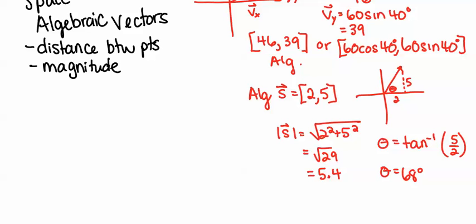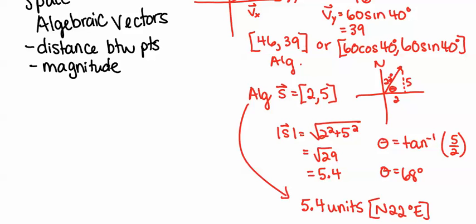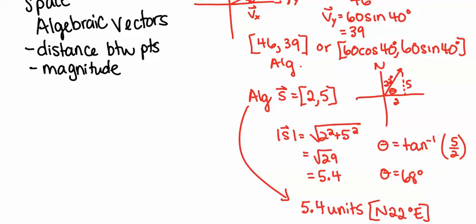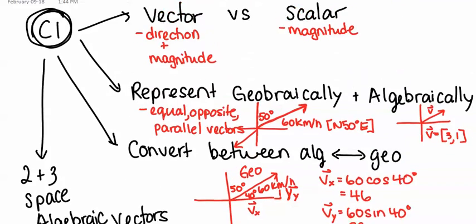If we wanted to write this geometrically, we could say 5.4 units, north 22 degrees east, if I want to get that angle there. So that would be taking this algebraic vector and turning it into a geometric vector. Okay, so that's the third thing we have to know how to do.